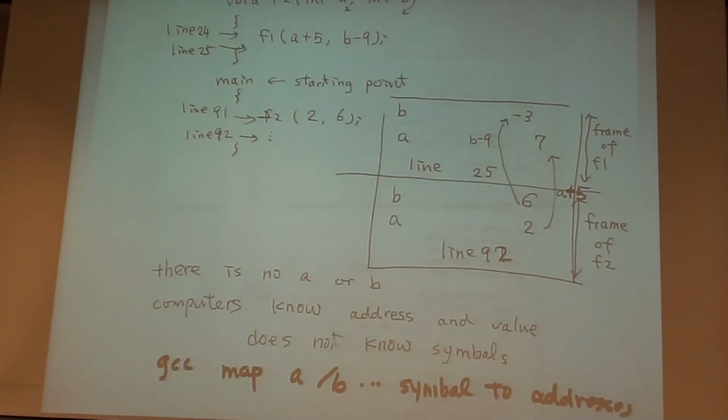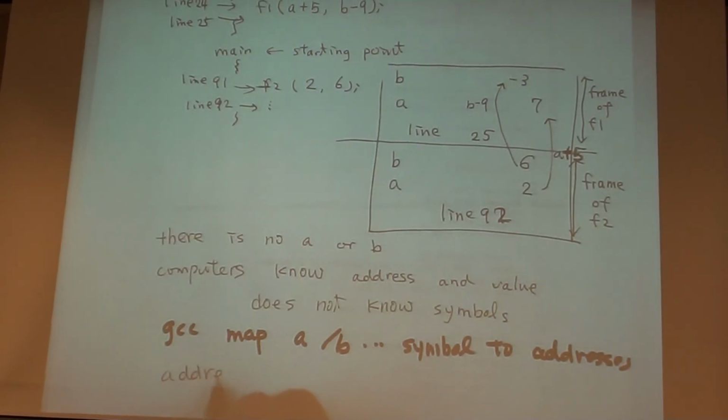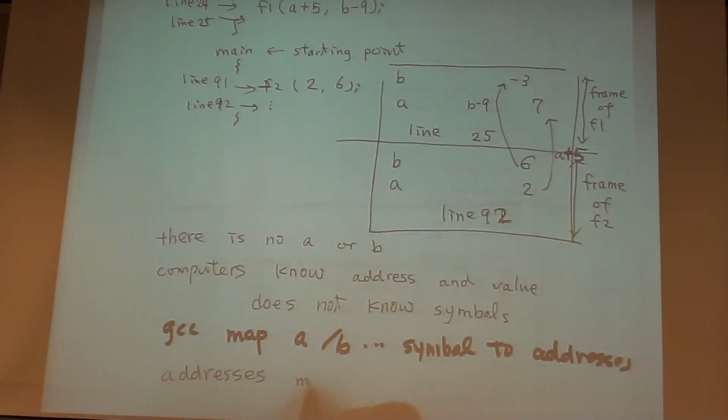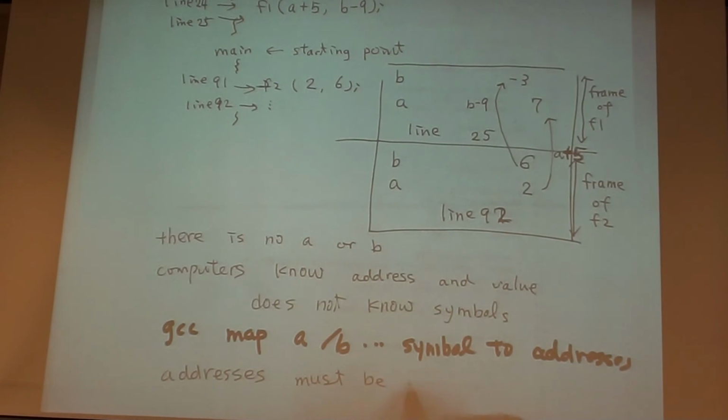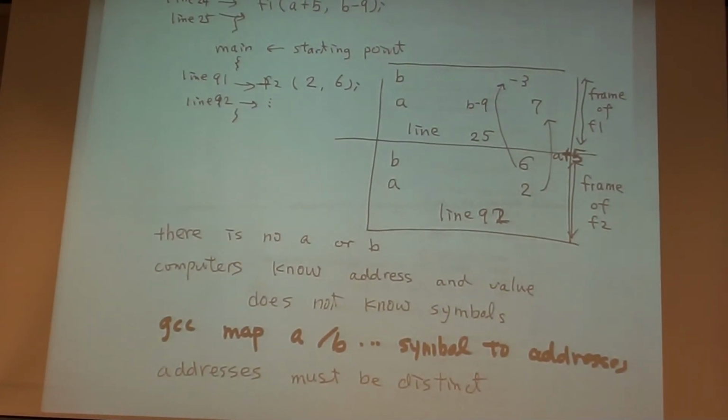And GCC, together with the operating system, will guarantee addresses are all different. That's guaranteed unless there's a bug in the operating system.